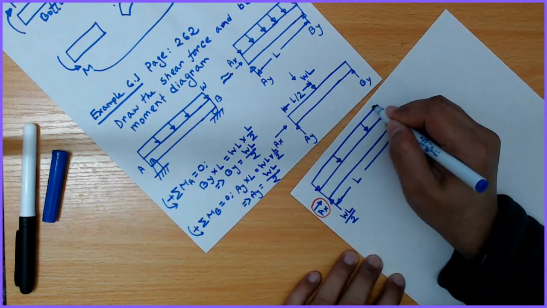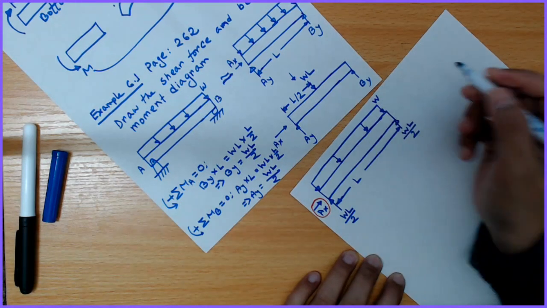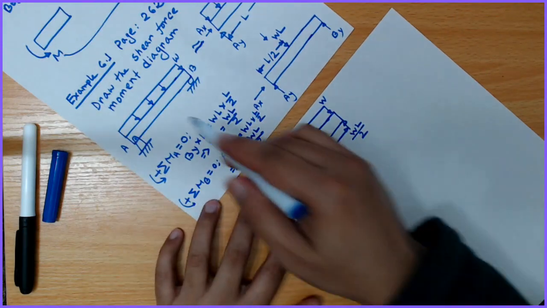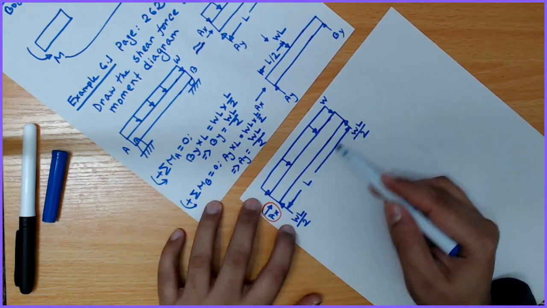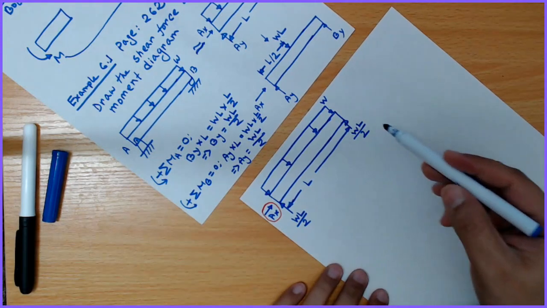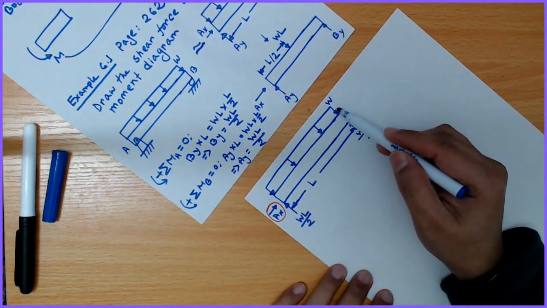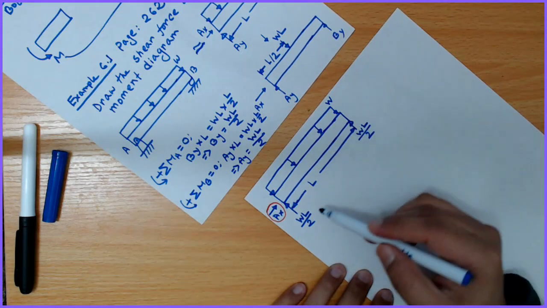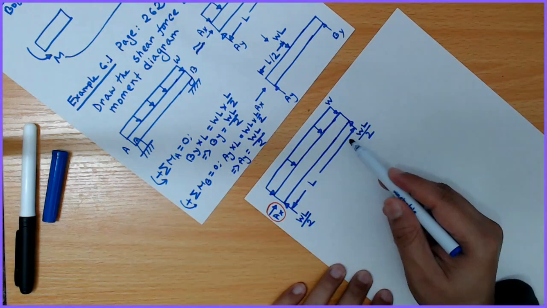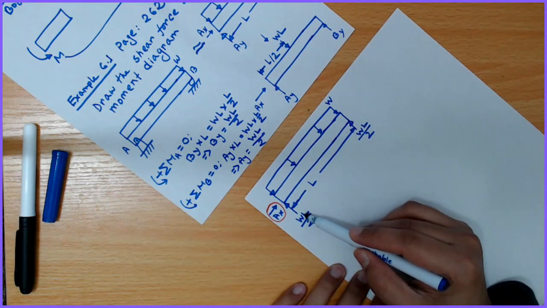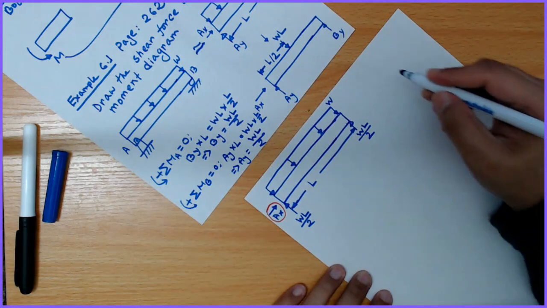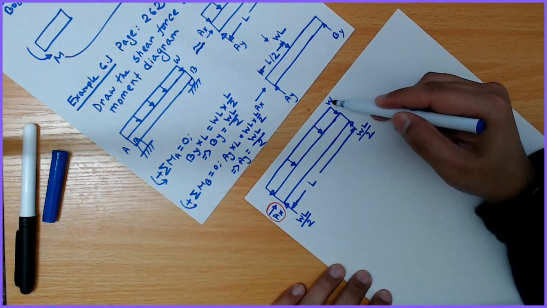Actually, you don't need to go through all these steps. If this is a symmetric loading condition, if your distributed load is W, your reaction forces at both ends, if it is a simply supported beam, are actually WL by 2. Understand?